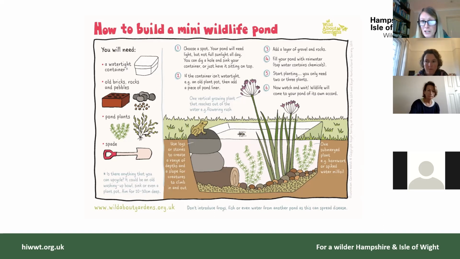You'd be surprised at what does find its way there. I have seen a very small after school club with a very small space build one of these, and they did have quite a few things come to visit. So it does work if you've only got a tiny space.